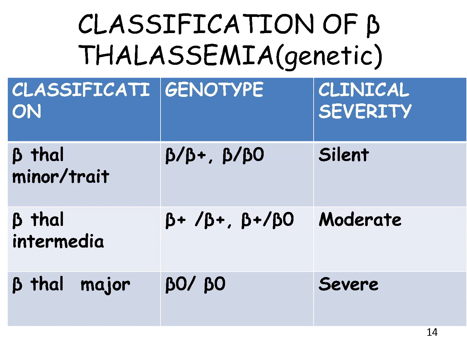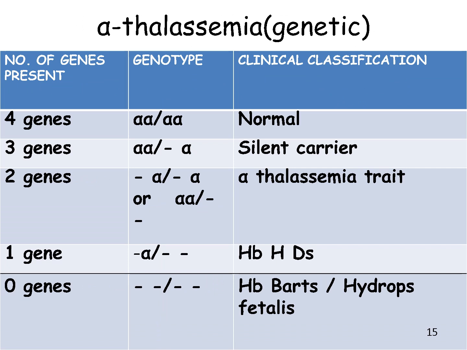Beta thalassemia major, beta 0/beta 0, has severe clinical severity. Here is the genetic classification of alpha thalassemia, in which there are different types of gene presentation with their genotypes and clinical classifications.